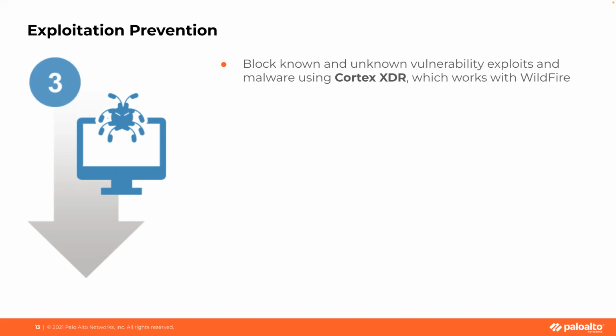So even if it's a zero-day vulnerability, even if we've never seen it before, if there's an exploitation attempt on the endpoint, Cortex XDR can detect it. Be that stack smashing, NOP sleds or heap spraying, all these methods that exploits use regardless of which piece of software they're targeting, Cortex XDR is able to detect and stop this on the endpoint itself.